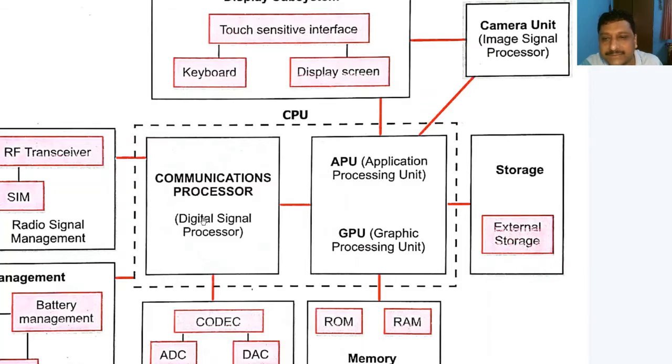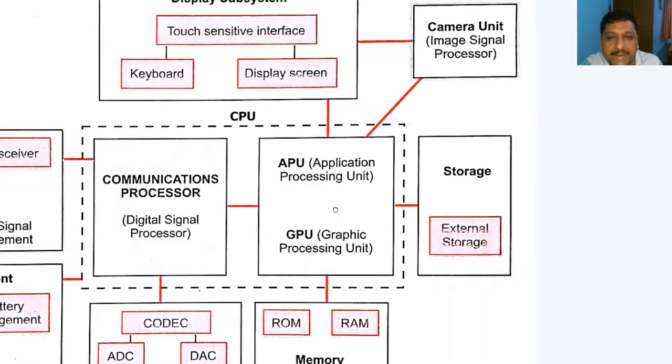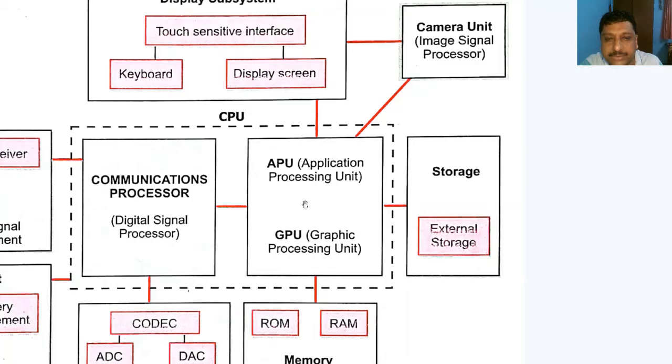The CPU of the mobile system contains different types of processors: communication processor, digital signal processor, APU and GPU. APU is application processing unit and GPU is graphical processing unit. We will learn in detail about these things soon.